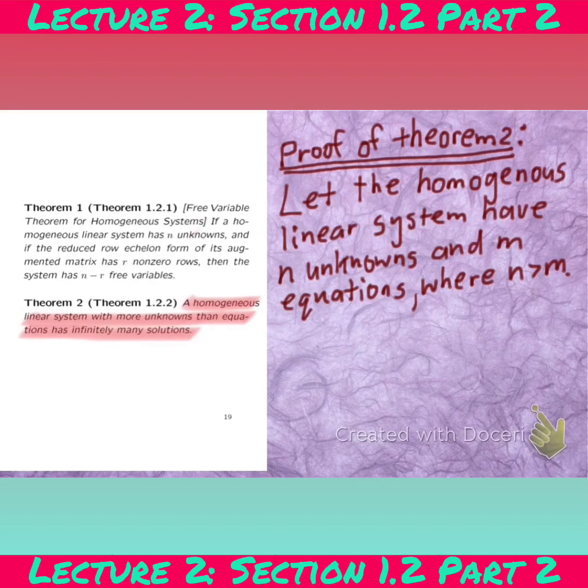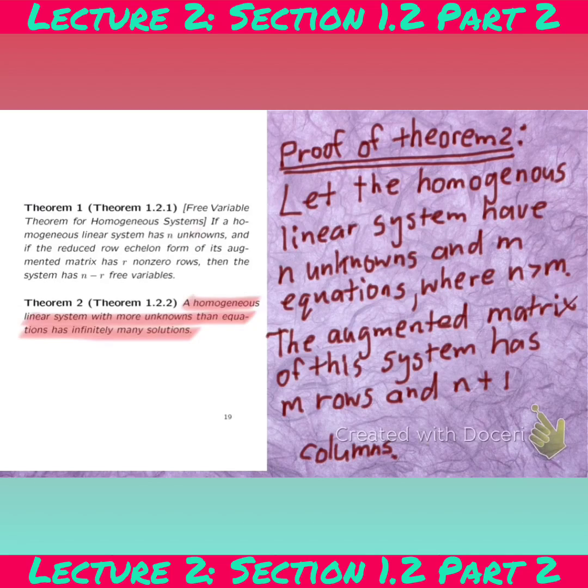What we're going to do is let the homogeneous linear system have n unknowns and m equations, where n is strictly bigger than m. So it's got more unknowns than equations.